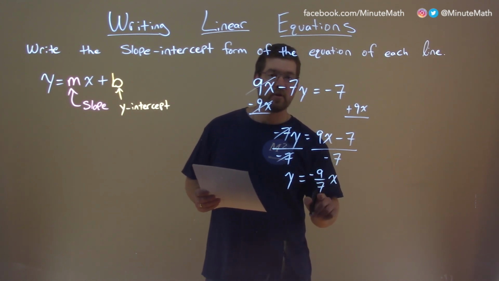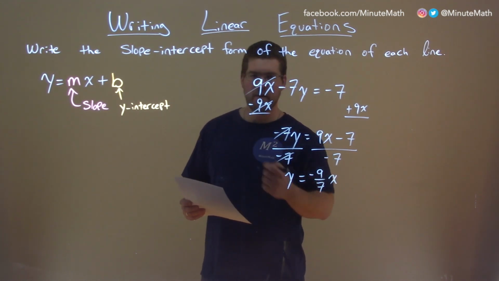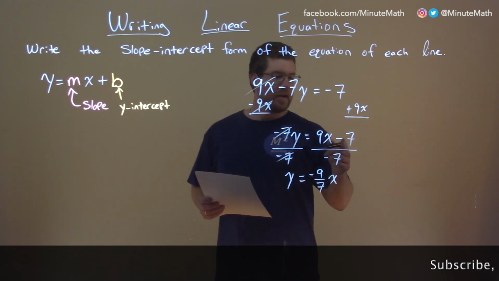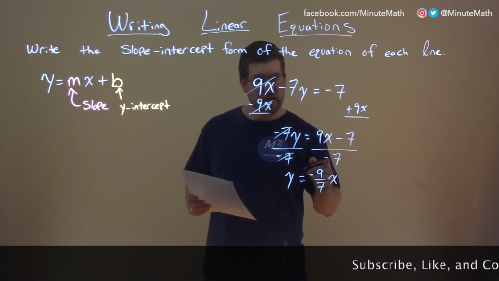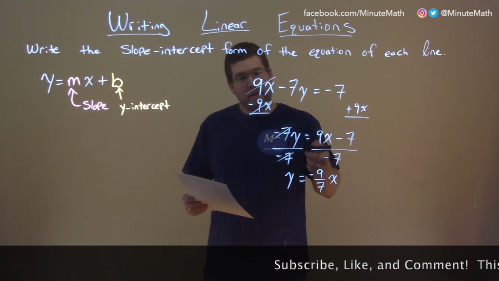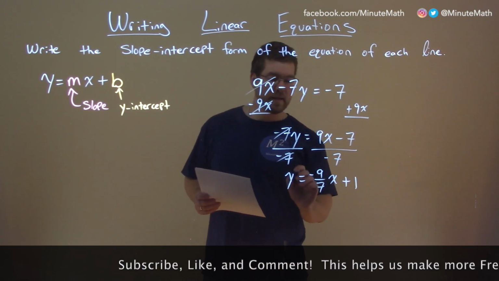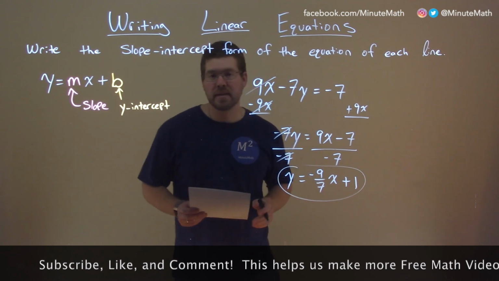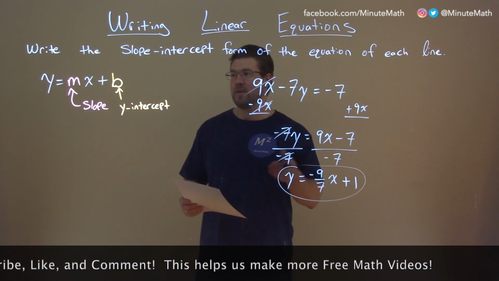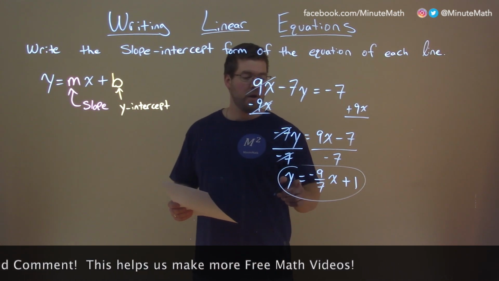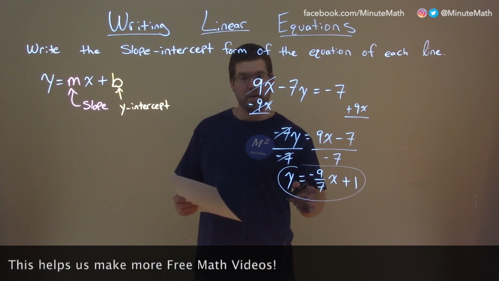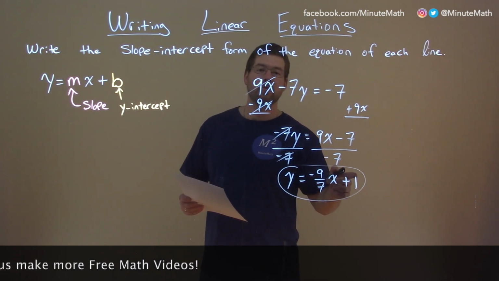X, that's our slope here, the m value. Then negative 7 divided by negative 7, negatives divided by negatives are positive, 7 divided by 7 is 1. We have plus 1 here, that's our y-intercept, and now we have our answer in slope-intercept form. Y equals a negative 7 over 9x plus 1.